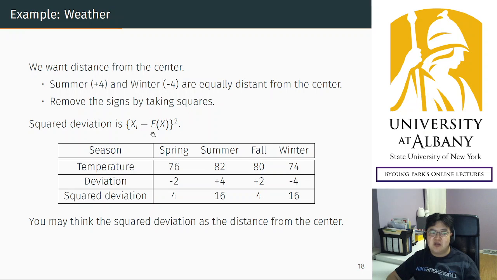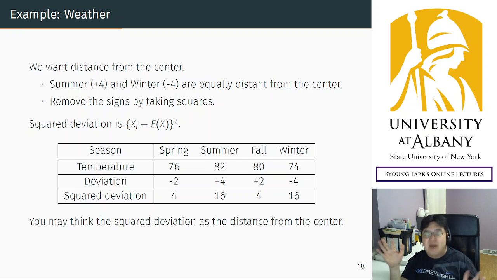Then we get squared deviations. Mathematically, you can write it this way: inside is the deviation, and we take the square. Minus 2 squared equals 4, plus 4 squared equals 16, plus 2 squared equals 4, minus 4 squared equals 16. As you see, minus 2 and plus 2 have the same squared deviation, and plus 4 and minus 4 have the same squared deviation. You may interpret the squared deviation as the distance from the center.